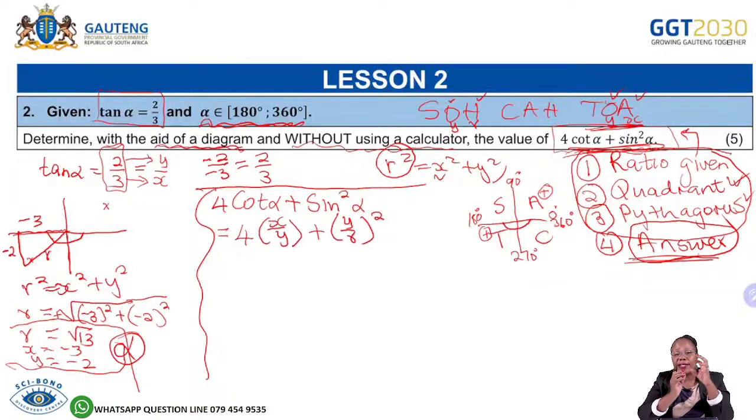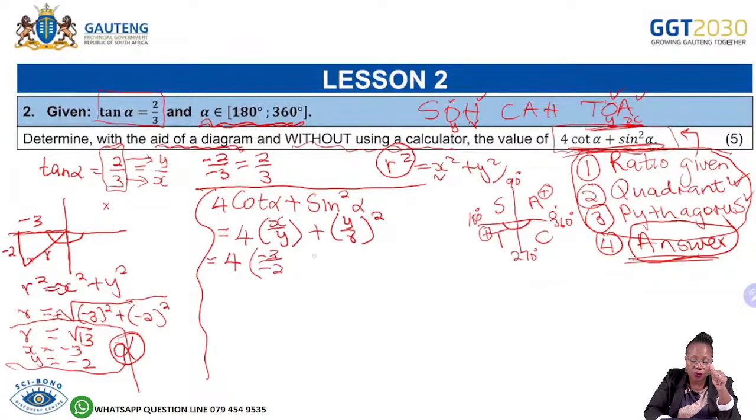So after identifying the values that we are going to take, we can now substitute. x is what? Minus 3. y is minus 2. Plus y is minus 2. r is the square root of 13. And this is squared.